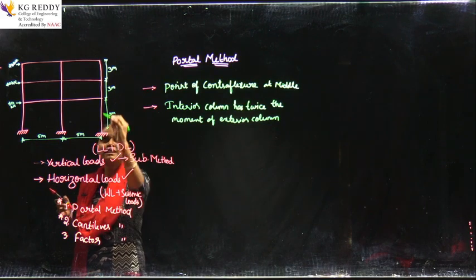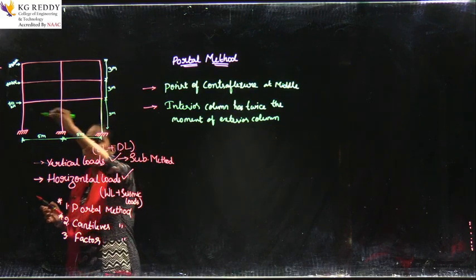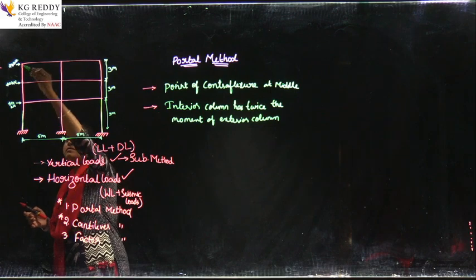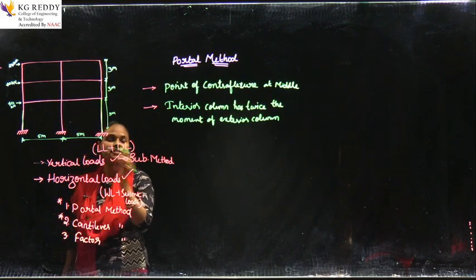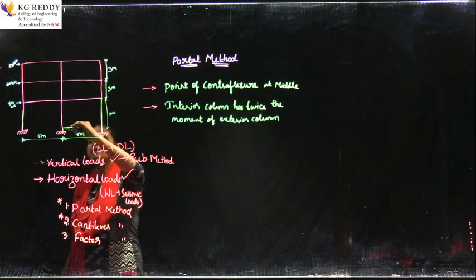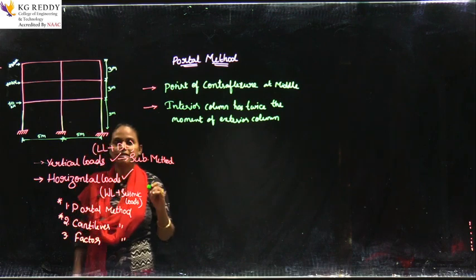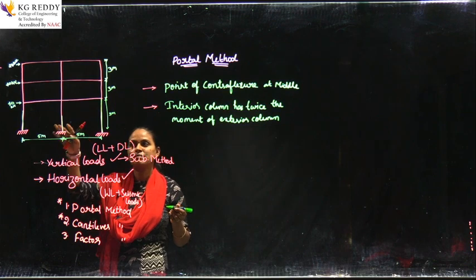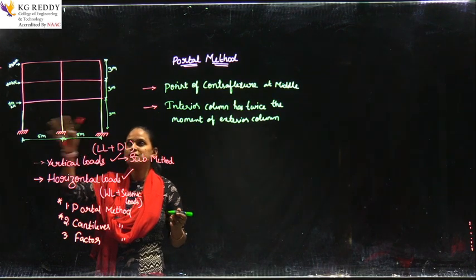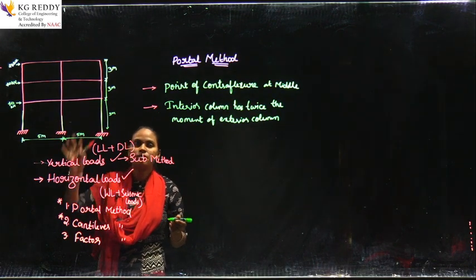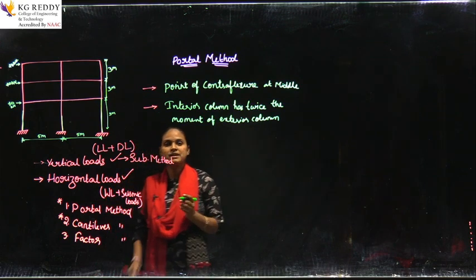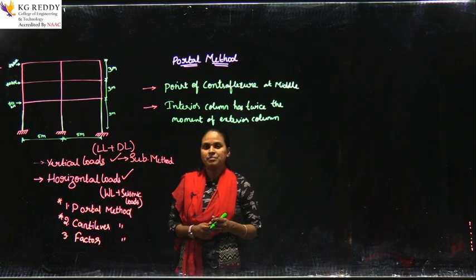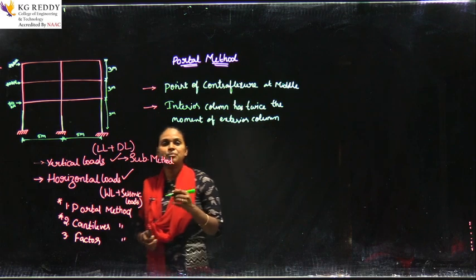These two columns, this one and this one, are the exterior columns, whereas this column is the interior column. So while analyzing, when you calculate the moments, you will take double for this compared to these two. These are the two important assumptions of the portal method. Next we will see the procedure.